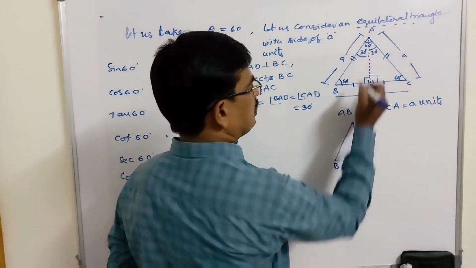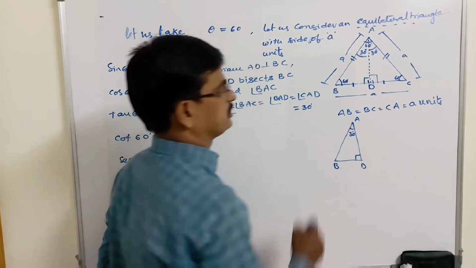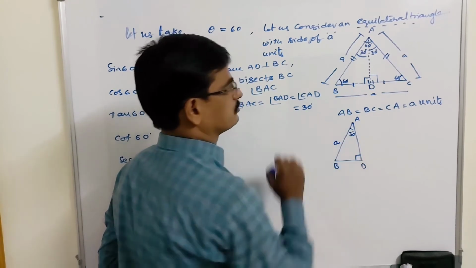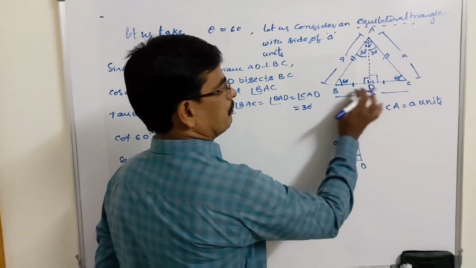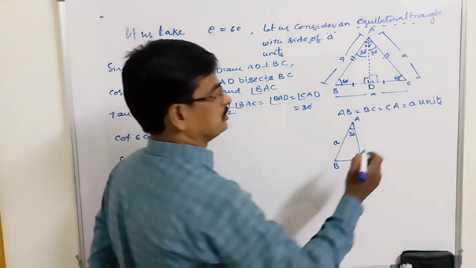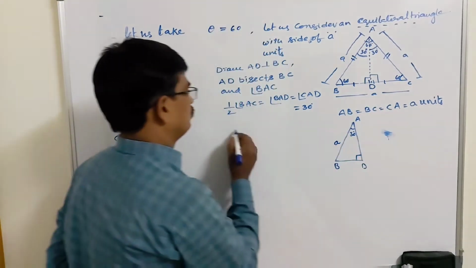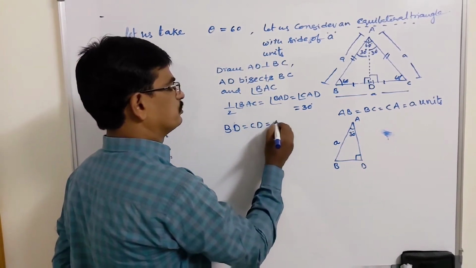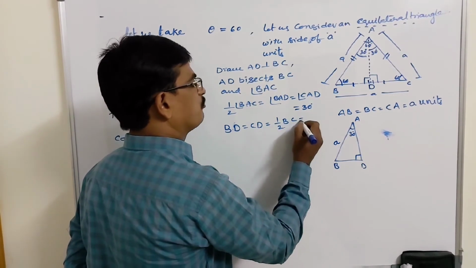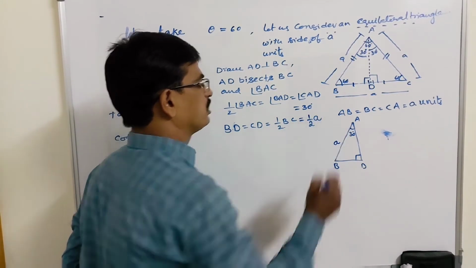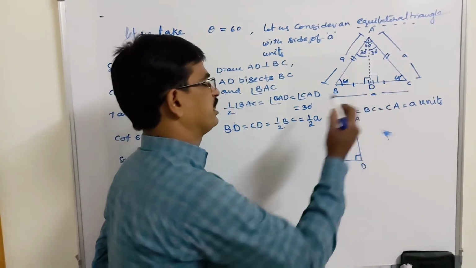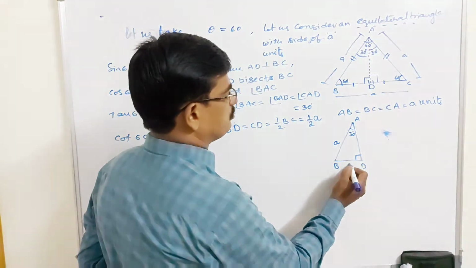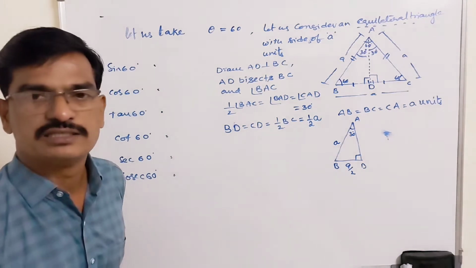Okay, here the angle at vertex A is 30. Next, the length of AB is small a, the length of BC is small a, but BD is equal to CD is equal to half of BC. But half of BC means what? Half of a, because the length of BC is small a units. Now BD length is a by 2.